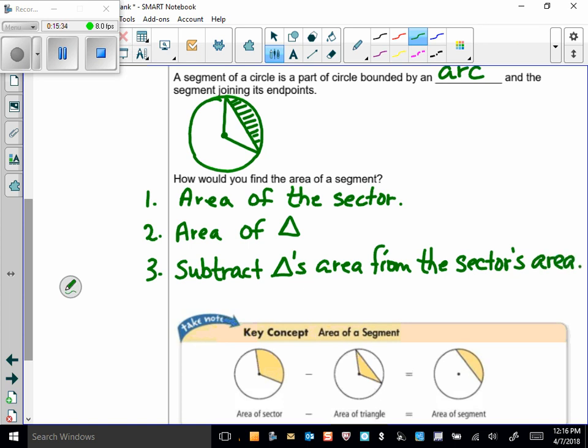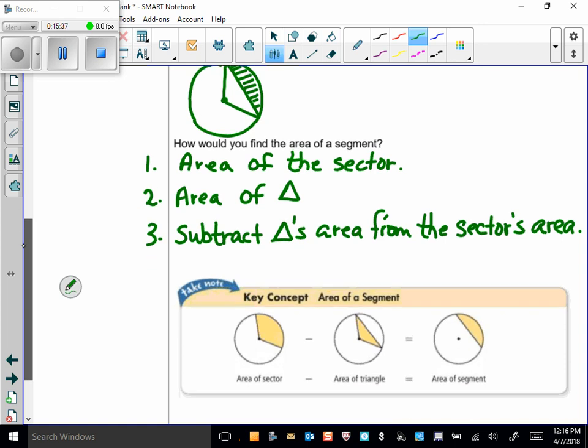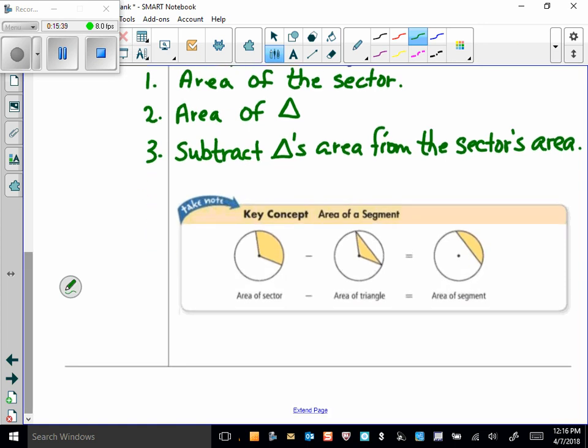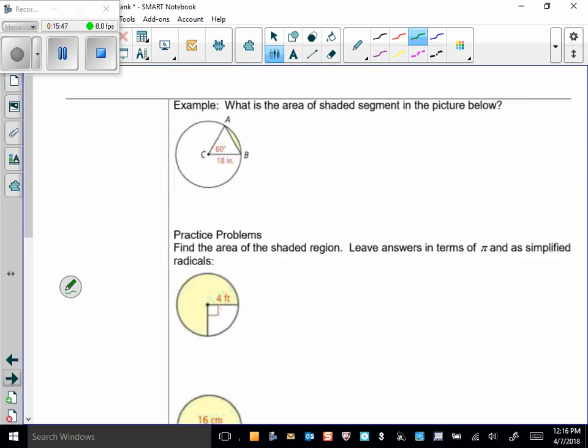That seems simple enough. And this little key concept here is just what I said, only in pictures. You take the area of the sector, subtract the area of the triangle, you got the area of the segment. So let's see what kind of problems we can get into here.